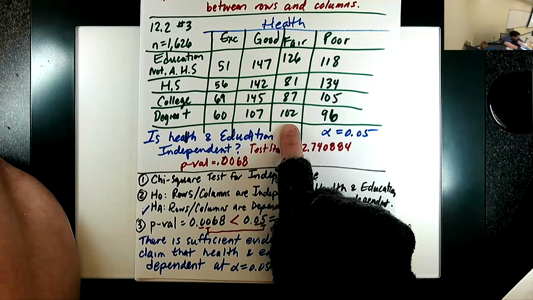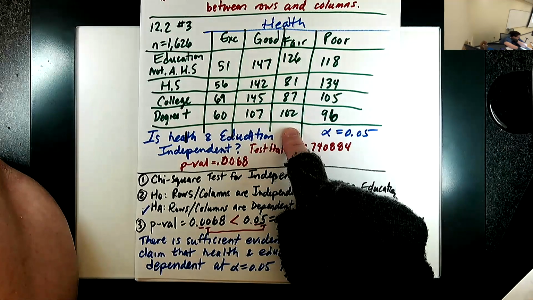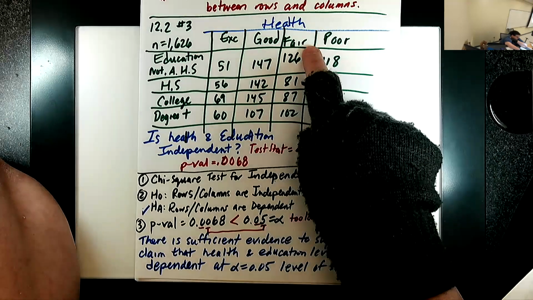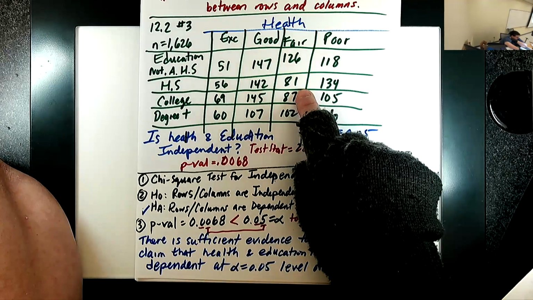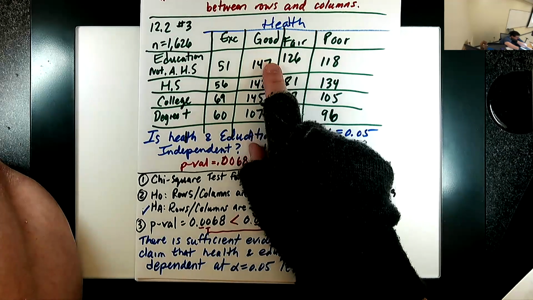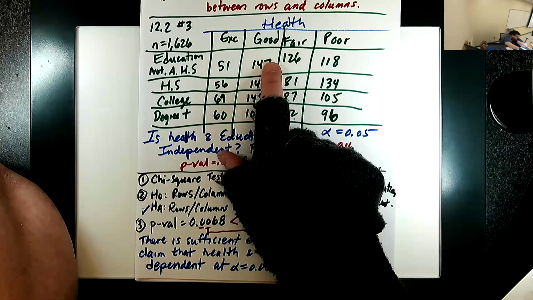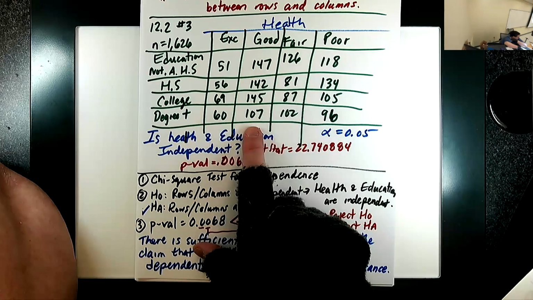Like if it doesn't matter how much schooling you've done, your health is good either way, then we should have the same amount in each column category, but we don't. This is 126, these are in their 80s. The good column, it actually looks like the more schooling you go to, the less healthy you are.